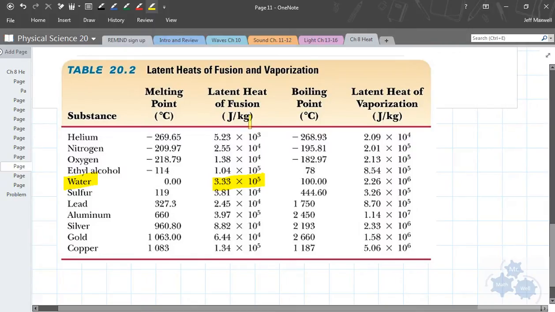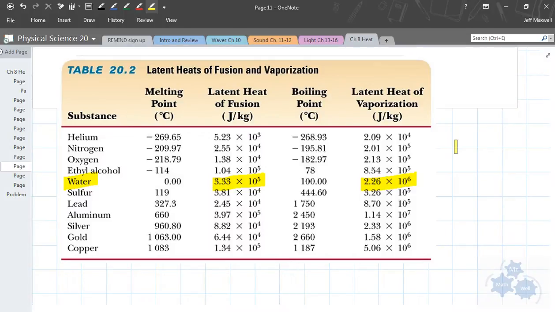It's exactly the same in your chart, same units and everything. And the latent heat of vaporization is 2.26 times 10 to the 6. Now if you look at those two numbers, which phase change requires more energy? Which one takes more energy?